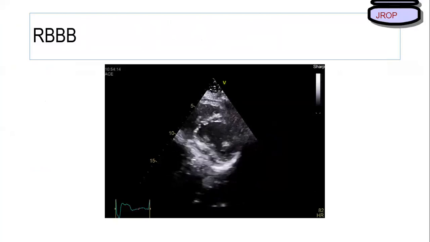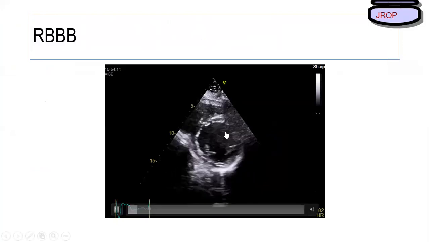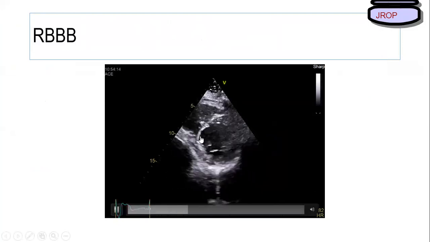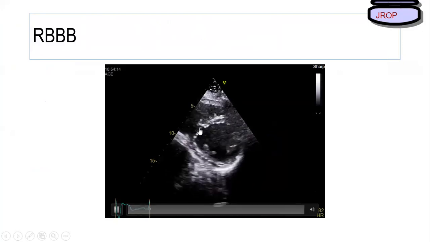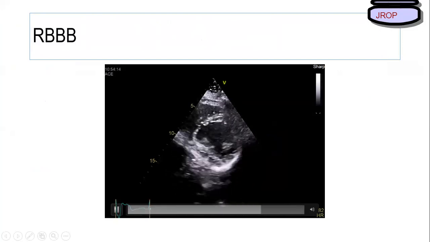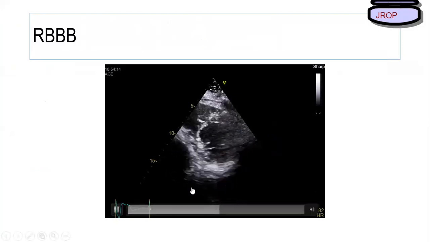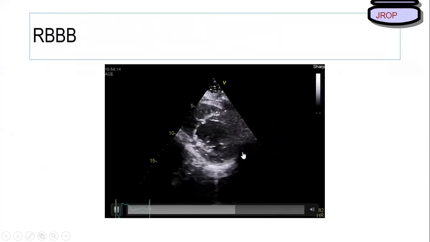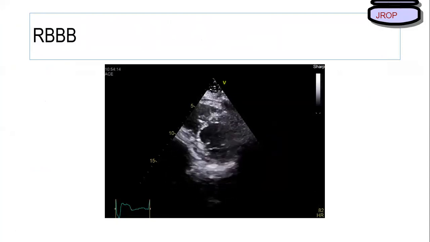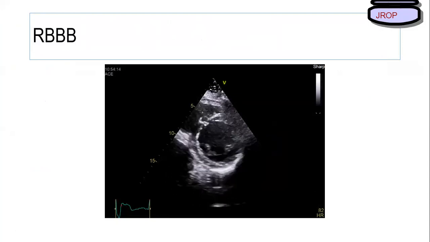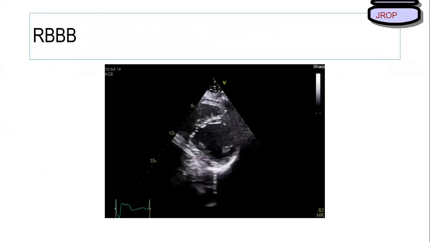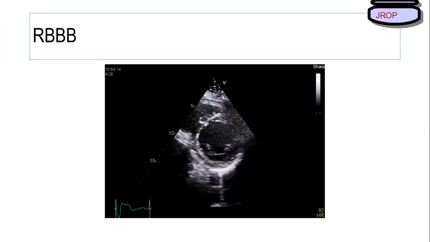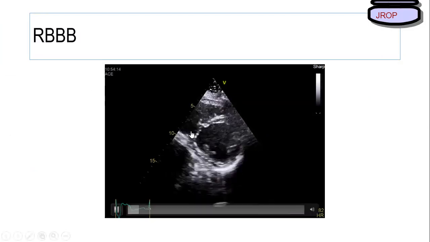There are two papillary muscles, one over here, second over here. Now this is the septum. Opposite to the septum is which wall? Lateral wall.